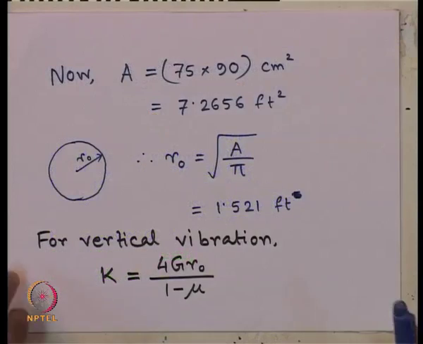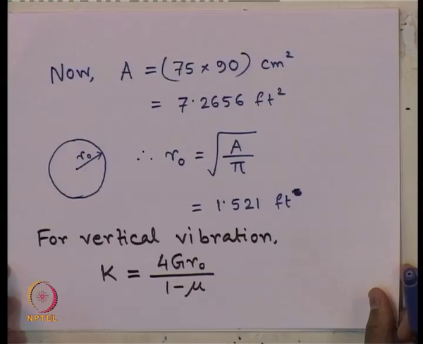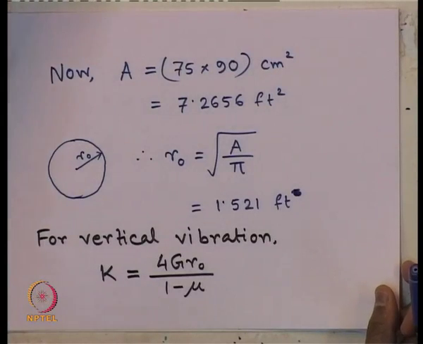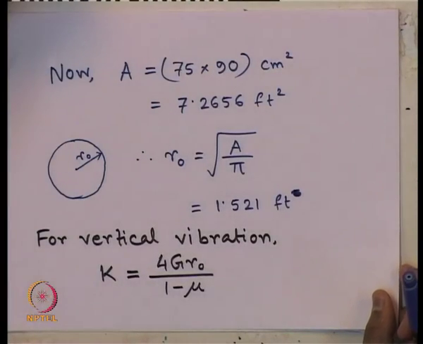So, with this knowledge of K, which is required to calculate the natural frequency, because natural frequency we need root over k by m. M of course, we can calculate from the size provided. We know the m, what is the mass of the footing, but k we need to compute, that is computed using this expression based on theory of elasticity.